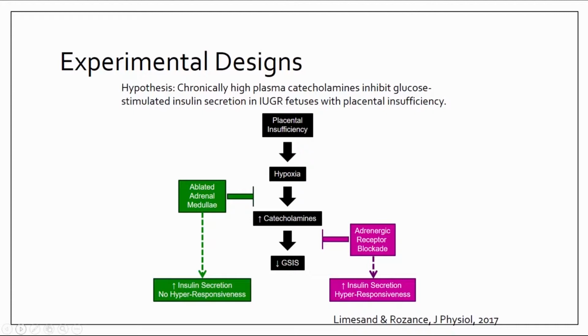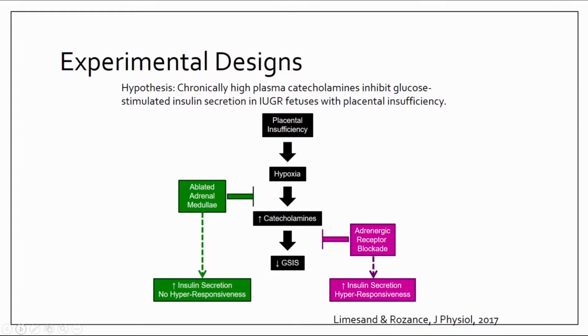The other way to do this was to go in and remove the adrenal medulla, which we have shown is predominantly the site where norepinephrine is released in response to hypoxia stimulation. We did this at 98 days of gestation and then came back and evaluated glucose-stimulated insulin secretion later on.